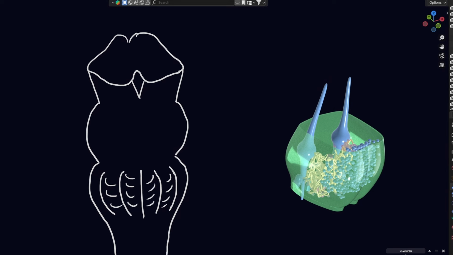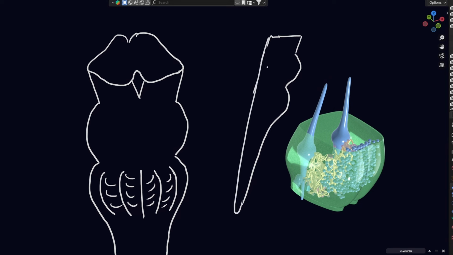Now if we talk about the third cranial nerve, I think I should draw another diagram as well, from the side view. The third and fourth cranial nerves arise from what?